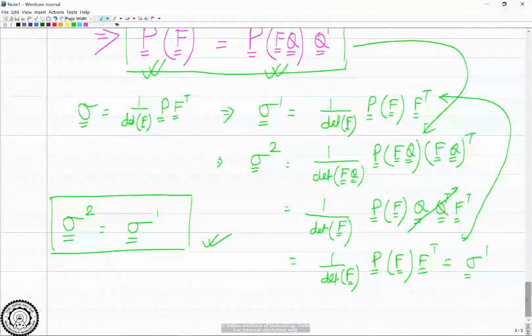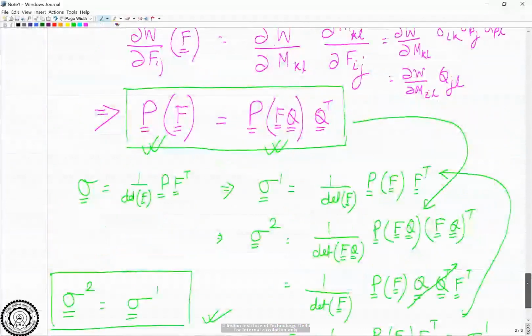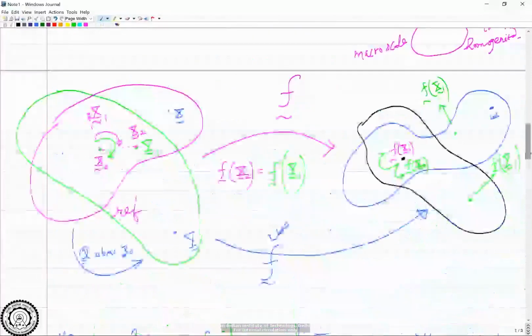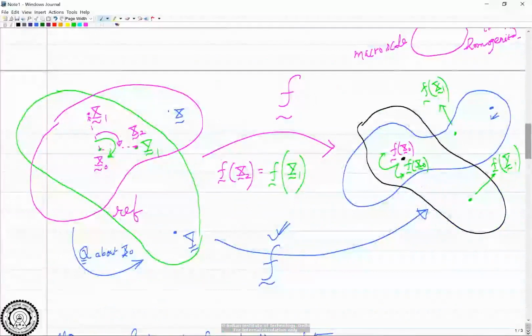Now can we go back to physics and see that it should be that if Q is in the symmetry group, it just says that sigma should be the same in the two processes at x naught. And why is it so? Because this is what we have been thinking of as material symmetry, that the response has to be the same.